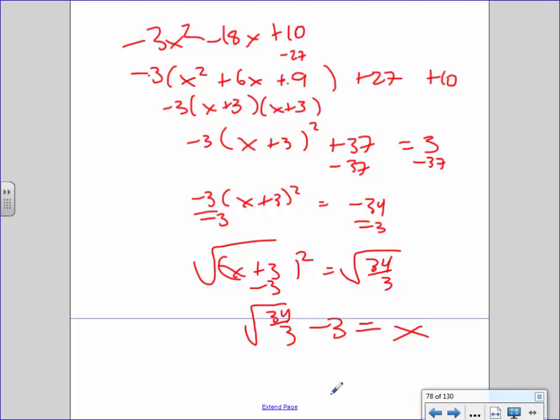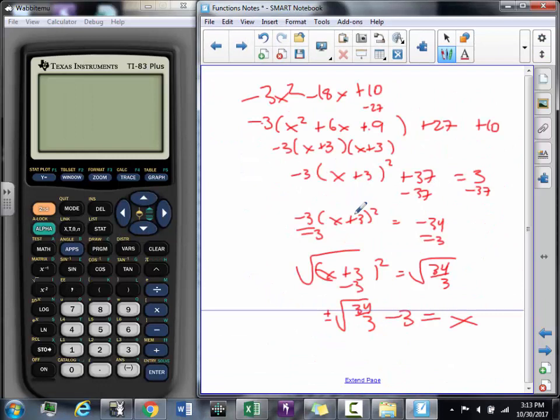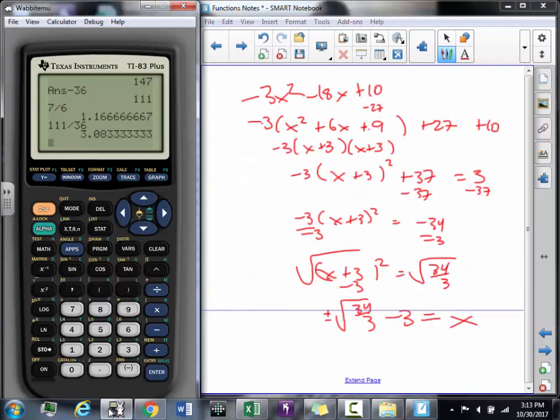Now, technically, you actually have to do the plus or minus version of this, but I'd like to show you 3 ways now that I can show you the exact same answers. And then we'll call it a day. If I were to square root 34 over 3, and then subtract 3, I believe this is one of my answers.